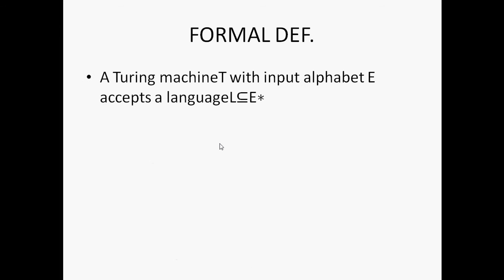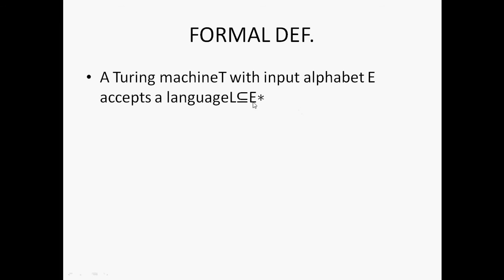Let's go with the formal definition of the recursive enumerable language and recursive language. Say there is a Turing machine T with input alphabet E that accepts language L, a subset of or equal to E star. We are given some input E which contains some input symbols.